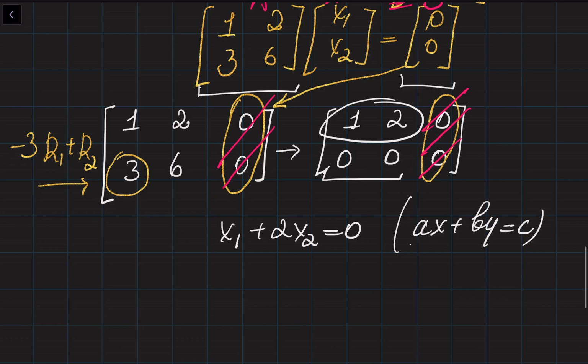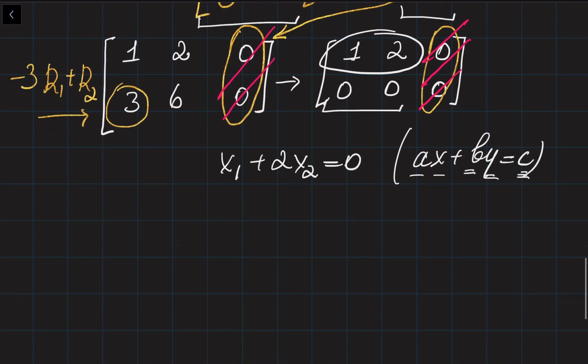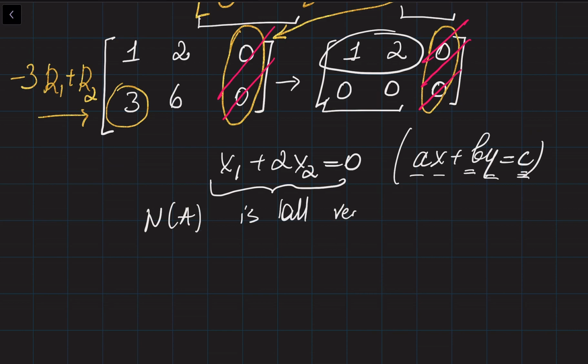You're multiplying a constant by a variable plus another constant by a variable, and this should be equal to a third constant on the right-hand side. So this is the line, and we say that the null space of this matrix A is all vectors along this line.